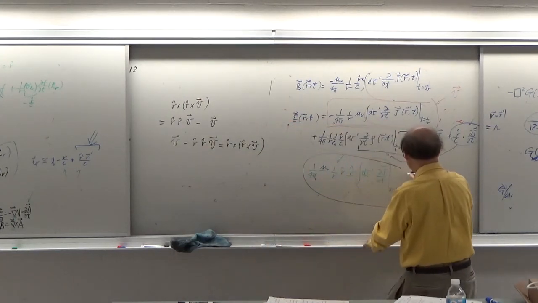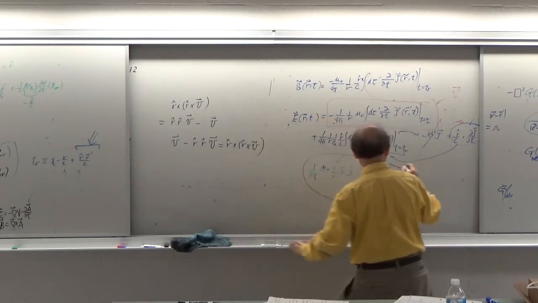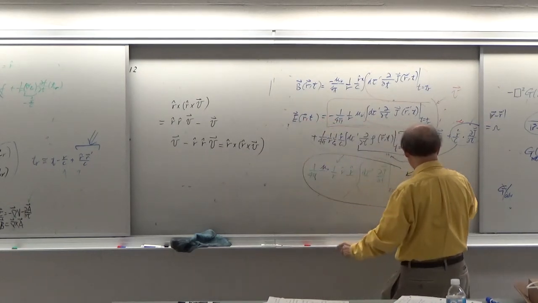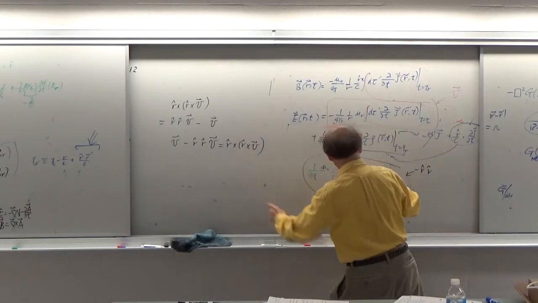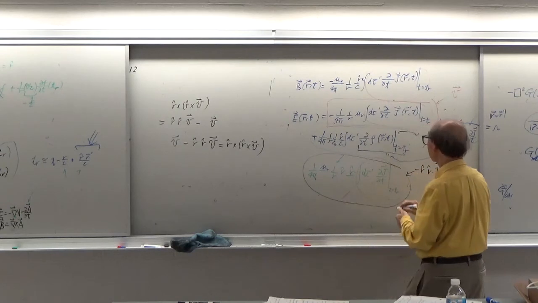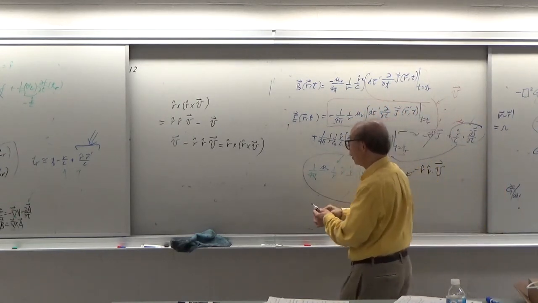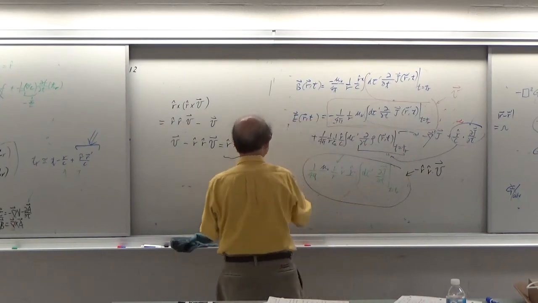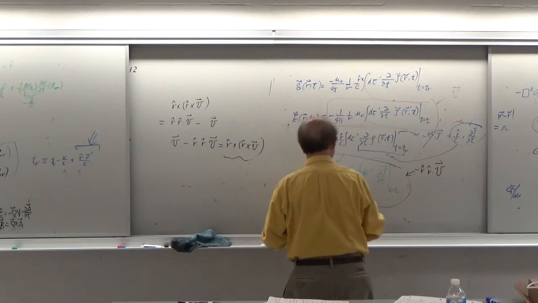So this we identify as this term minus r hat times r hat dot v, if this thing is v. So the result is this, so that the two terms combined for E give me this result.